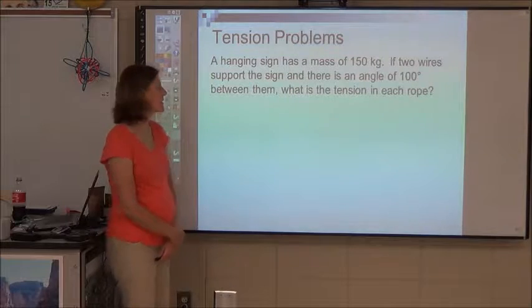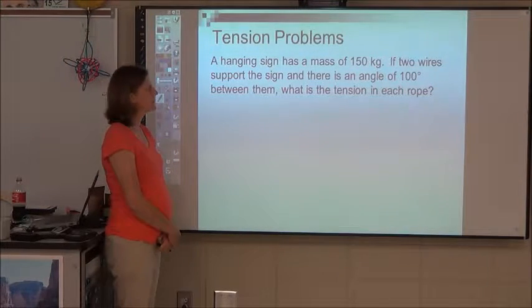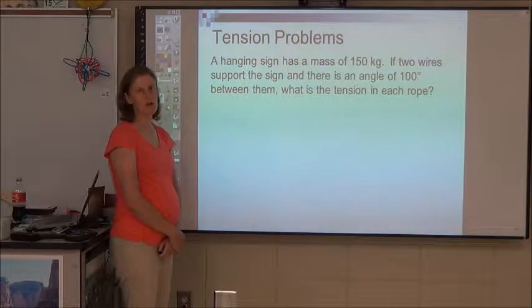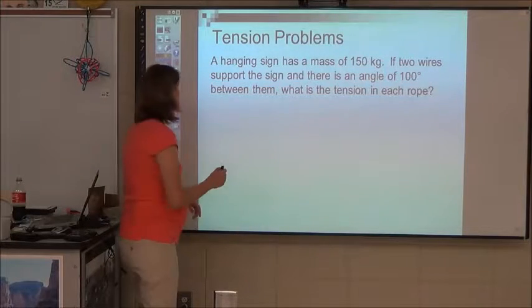All right, tension problem, something hanging. It says a hanging sign has a mass of 150 kilograms. If two wires support the sign and there's an angle of 100 degrees between them, what is the tension in each rope? All right, make a sketch.